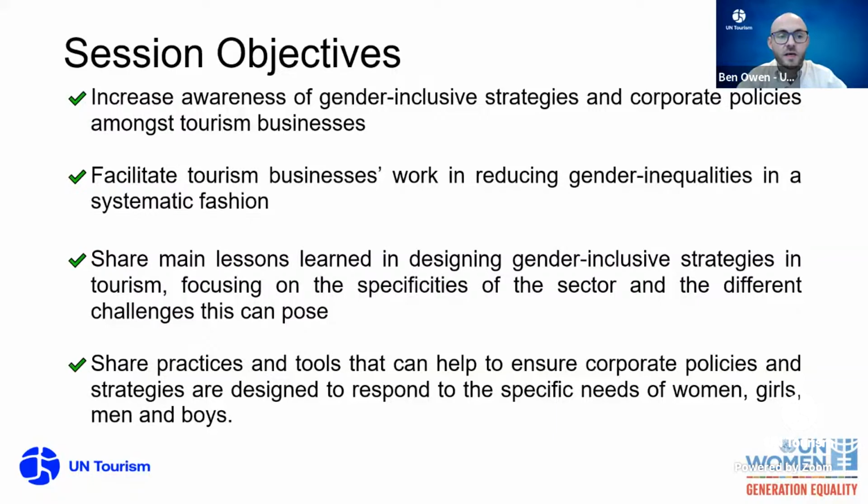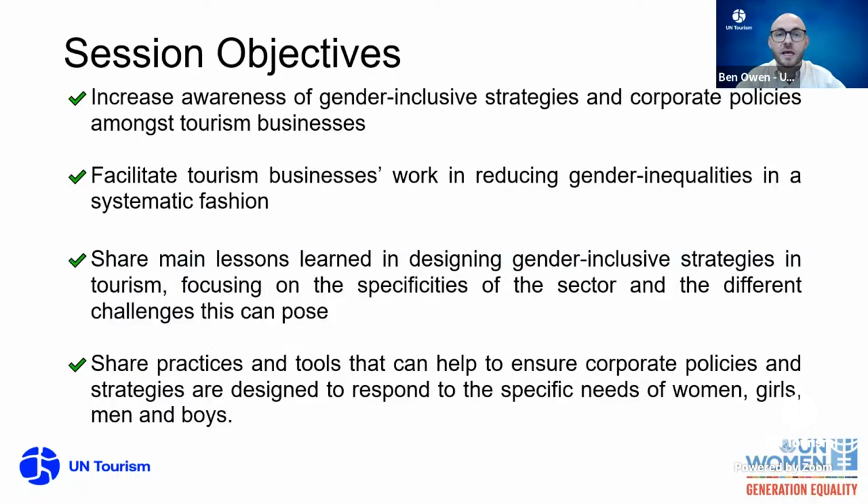The second objective is to facilitate tourism businesses' work in reducing gender inequalities in a systematic fashion. That's what the strategy part is about, to make sure that your company is working to reduce gender inequalities in a way that's systematic. We'll be sharing main lessons learned in designing gender inclusive strategies in tourism, focusing on what's specific about tourism and what challenges this can pose.